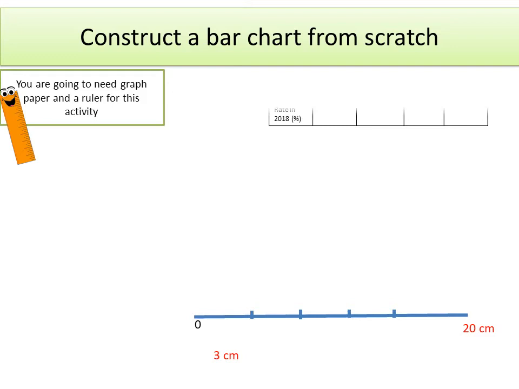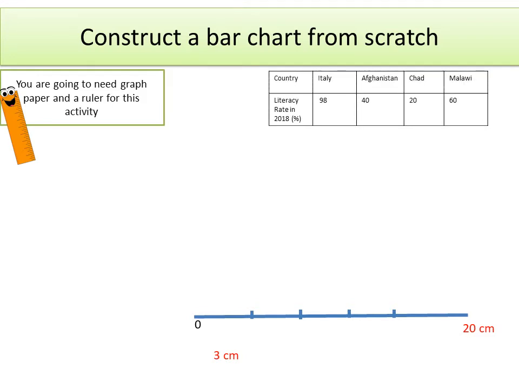Now, if we look above, we have the table with the data, the values we need to put in our graph. Our categories, if we're looking there, are again countries. So below every space we made on the x-axis, we are going to write the name of the countries, and we are going to start with Italy and Afghanistan.